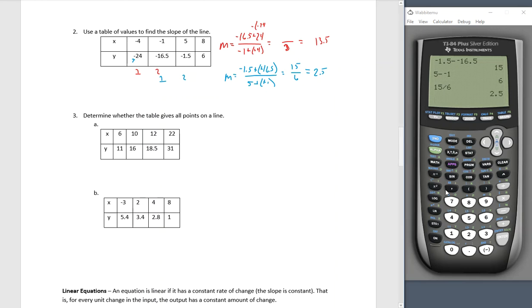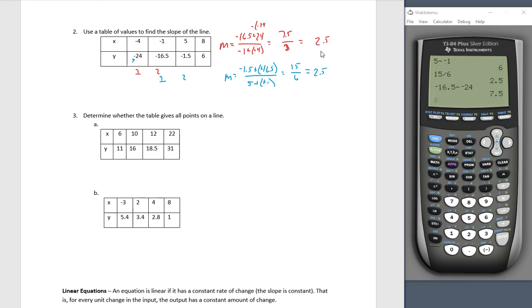We have negative 16.5 minus a negative 24. Negative signs are super important. That is 7.5 divided by 3. And if we take 7.5 and we divide it by 3, we will end up with the 2.5 that we thought we should have.